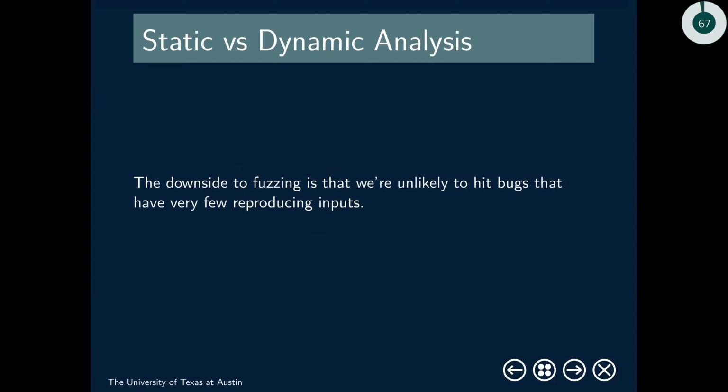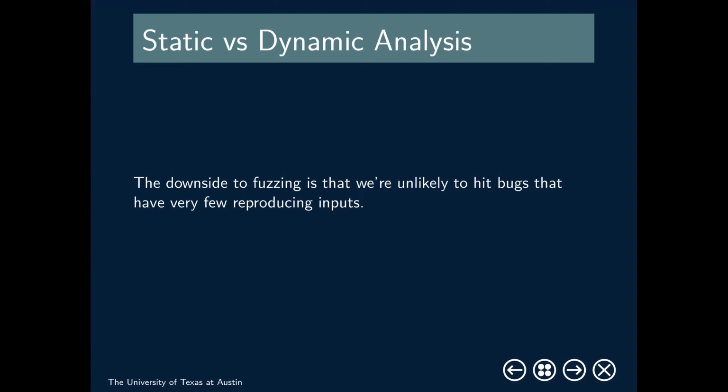The only downside is that when we're fuzzing, we're unlikely to hit bugs that have very few reproducing inputs. So let's say there are 3 inputs that exist that are going to cause a specific bug to occur. There are probably billions of other inputs that could be inputted instead.